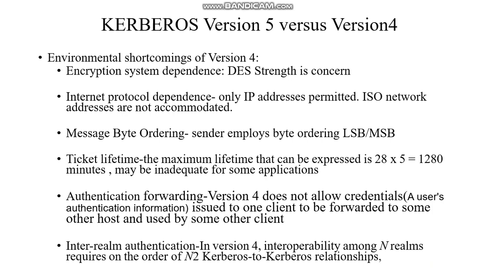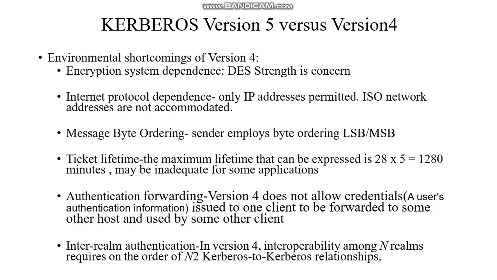The second problem is that it depends only on IP addresses. If other addresses, such as ISO addresses, are used, they are not accommodated by version 4. The third problem is message byte ordering. The ordering of bytes is determined by the sender, so that becomes an issue.